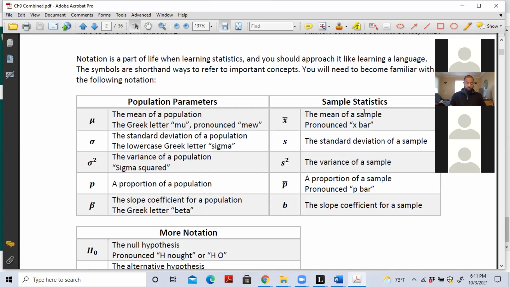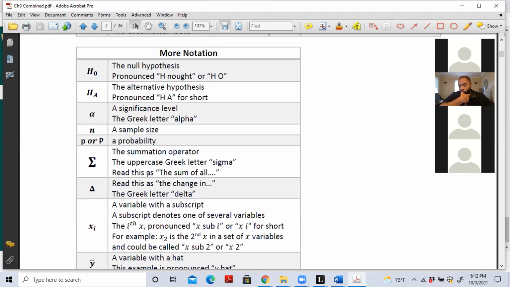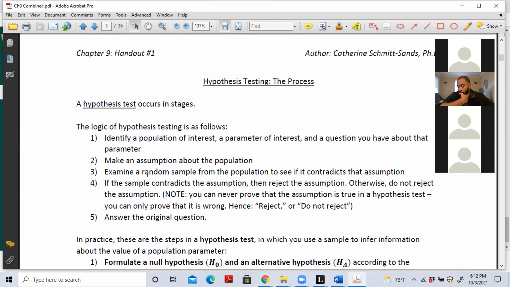There will be 5 multiple choice questions on what these notations denote. P bar is the sample proportion, and P is the population proportion. Always read carefully whether I am asking about sample proportion or population proportion. These are very important.